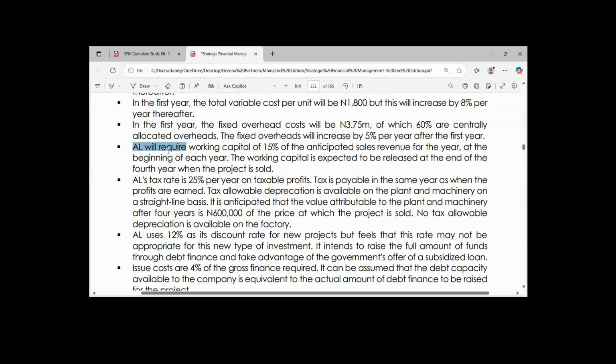We are told that here we require working capital of 15% of the anticipated sales revenue for the year. So working capital is 15% of sales value at the beginning of each year. The working capital is expected to be released at the end of the 4th year when the project is sold. Therefore, since working capital is 15% of the sales value, let's go and calculate that.